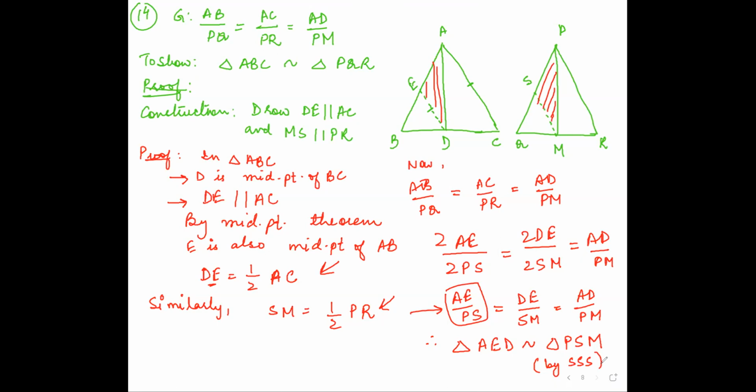Rida, why are you saying PMS? Because AD is equal to PM. No, see here. The way I told you how to write, you are getting the proportion AE upon PS, right? That means the side AE is proportional to side PS.